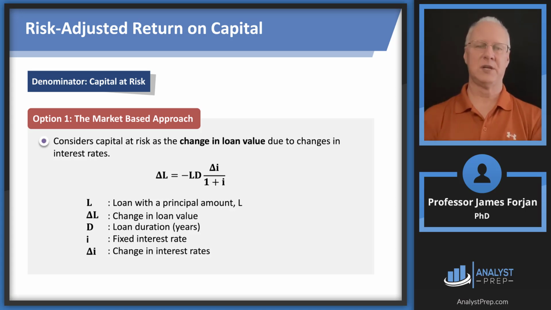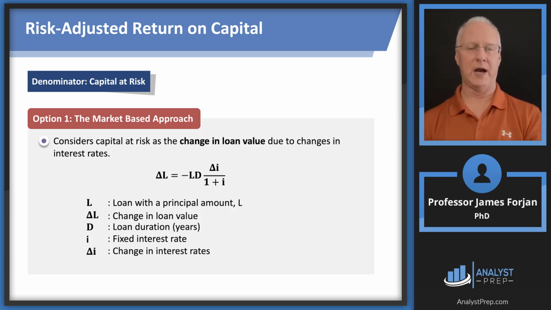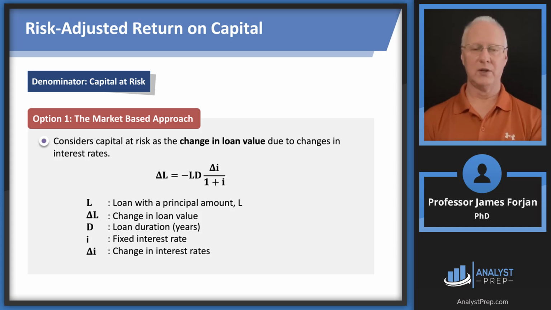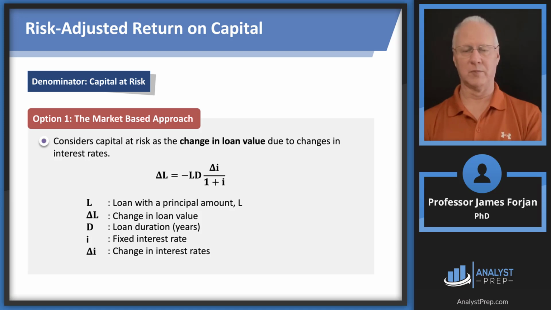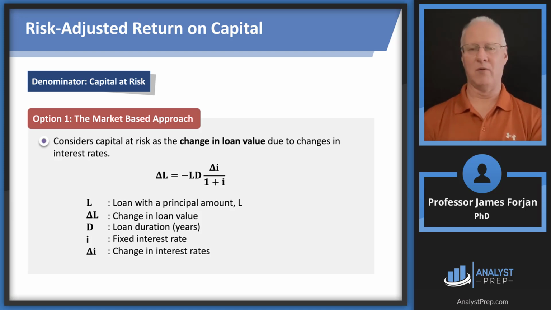There's a nice section in the reading on duration and how we use duration to compute the change in the loan value. This is exactly like we applied duration. We're ignoring convexity here. So all we're going to do is take the loan amount and multiply that by the duration, L times D, and then the change in interest rate divided by 1 plus the interest rate.